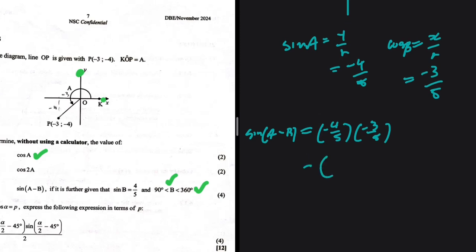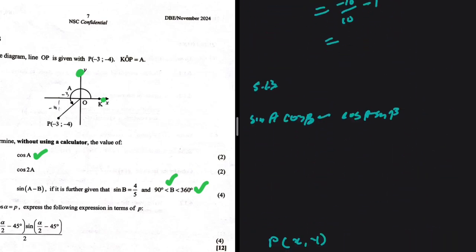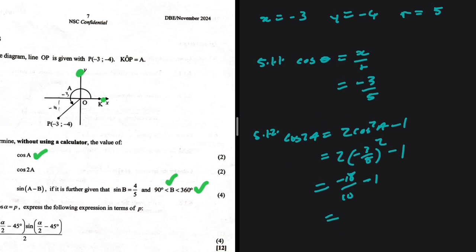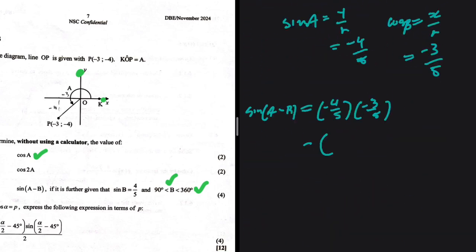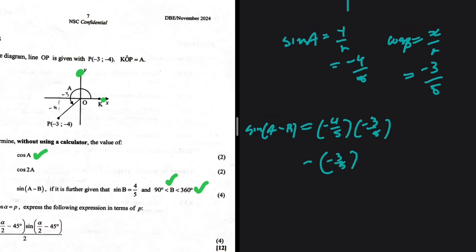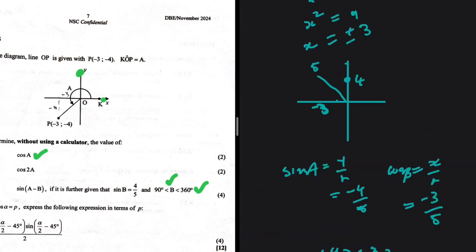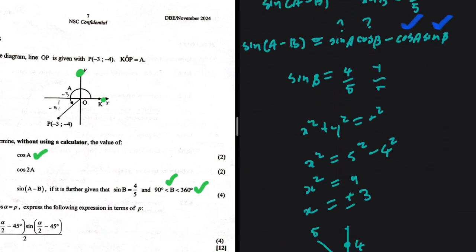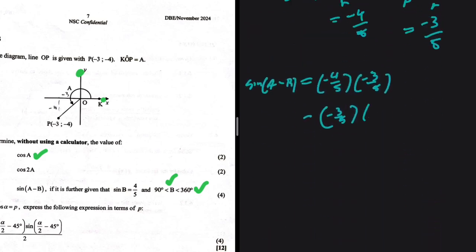Cos a, we calculated it in 5.1.1. It is, let's see, minus 3 over 5. So we have minus 3 over 5. And then what about sine b? Do we have sine b? Yeah, sine b is 4 over 5. So we have 4 over 5.